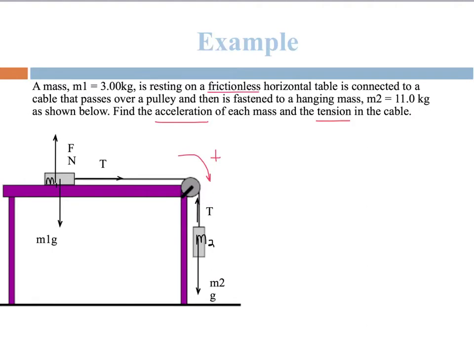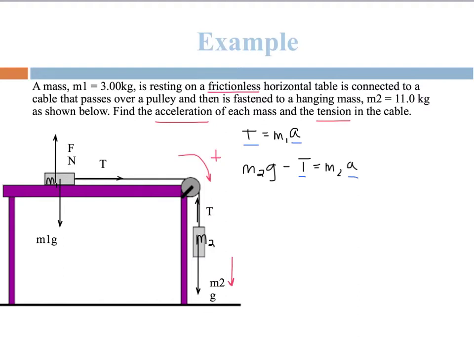So I'm going to write the sum of the forces for both objects, which ends up being tension is equal to mass 1 times acceleration for the first object, and mass 2 g, which is positive because, again, it's in the direction of what I said was positive, minus tension, again, because it's going opposite the direction that I said is positive, and all of this is equal to mass 2 times acceleration. Now, again, in these particular problems, my tension and my accelerations will be the same.